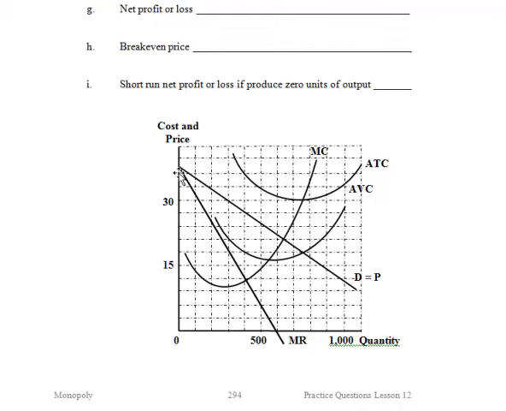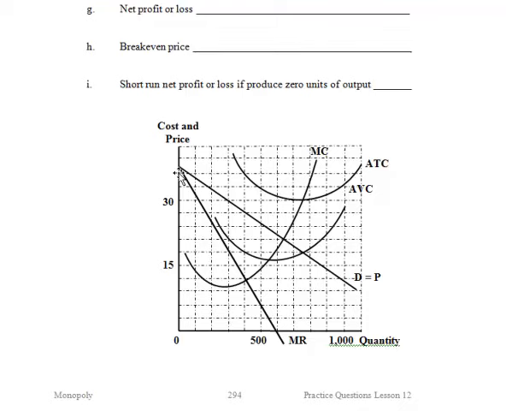Okay, so now you can calculate total costs, and total cost would be $36 times 400 units. The net profit or loss is just total revenue minus total cost, and since we have a negative value, that means they would be losing money.